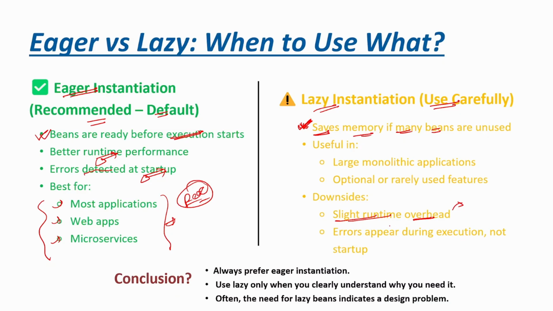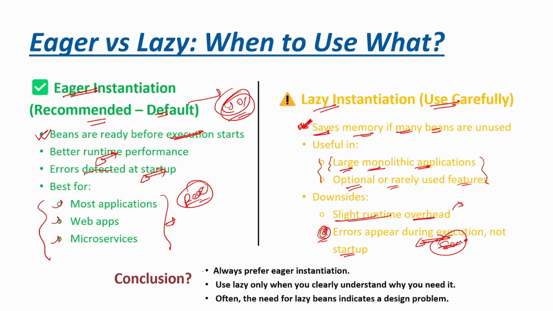The second downside is that errors do not appear at startup, they appear during execution. It is useful in large monolithic applications, and for optional or rarely used features. We can use lazy instantiation there, but in 90% of cases we should use eager instantiation.